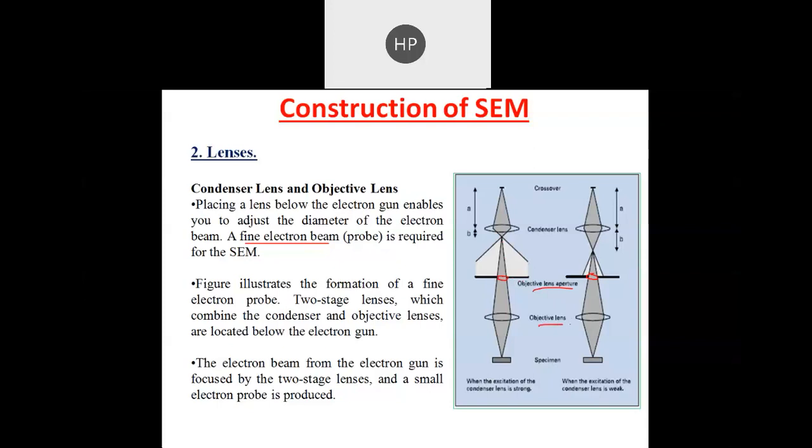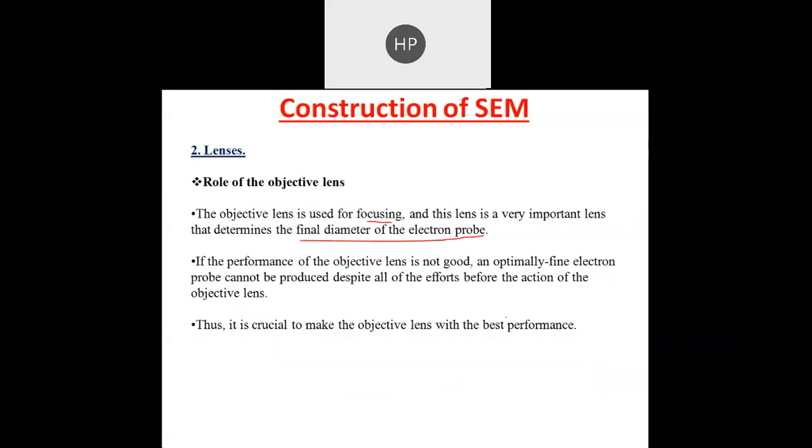But if your objective lens is not good, whatever procedure you have done before goes in vain, because your final concentration is done by the objective lens. Thus, it is crucial to make the objective lens with the best performance.